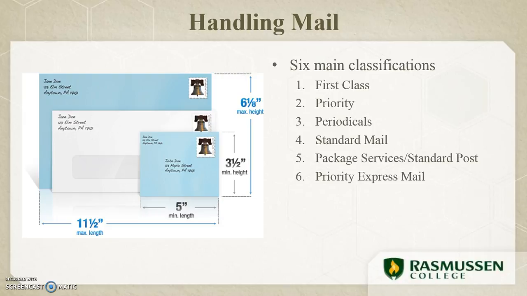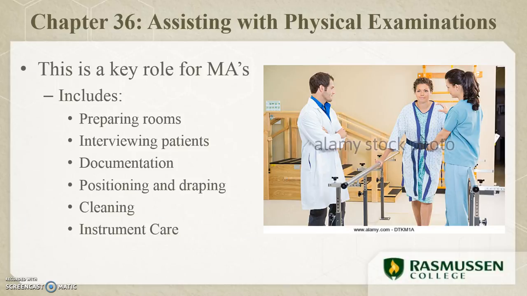And Priority Express mail is available 7 days a week, and it weighs from 70 pounds up to any amount past 70. Then it also is a maximum of 108 inches around. All right, guys, so that is Chapter 11 in a nutshell for you.